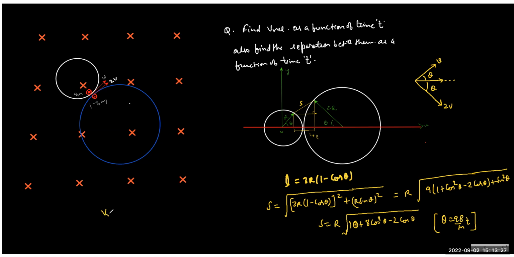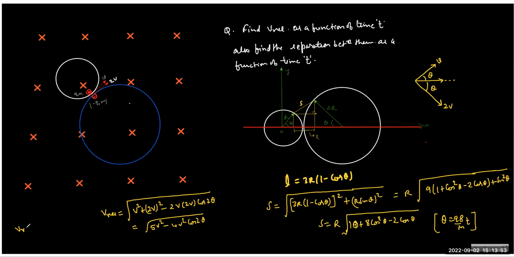So V relative we can write as under root of a square plus b square minus 2ab cos 2 theta. So 5v square minus 4v square cos 2 theta.